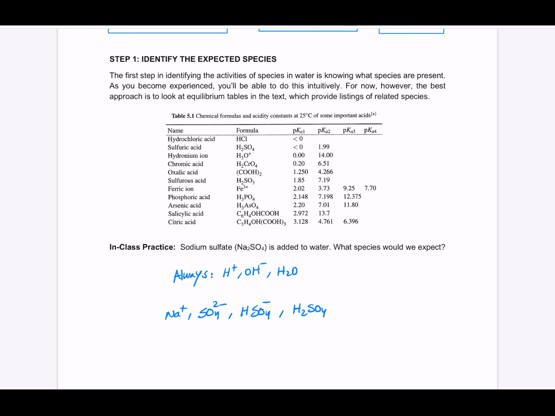H2O, we're not interested because the whole point of doing speciation is to look at the activity, not the concentration. And we know the activity of H2O is always equal to 1. So basically, we don't need to bring that to the speciation calculation because it's already solved. So we don't consider this.